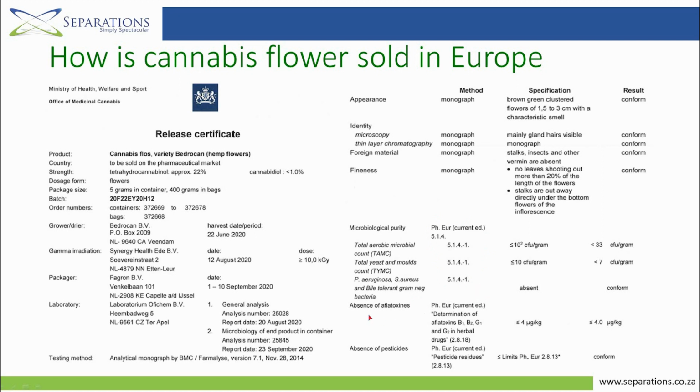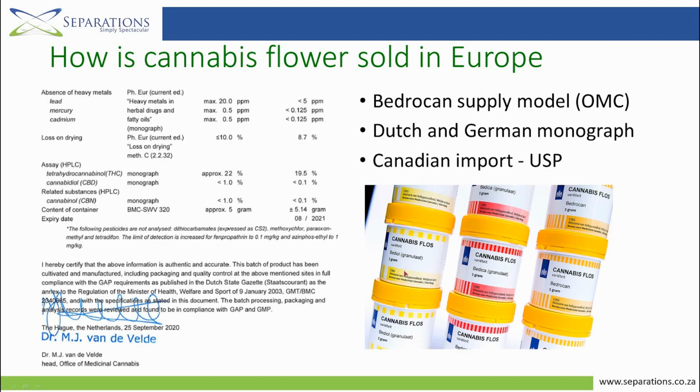In addition, there's guidance on the absence of aflatoxins, where this is found in 2.8.18, and the absence of pesticides. I will say this about the COA from Bedrocan: there are limitations that relate to pesticides, specifically GCMS methods, but these are the tolerable and accepted limits within this COA, where you can see certain colony forming units or CFUs that relate to the microbe and molar concentrations.